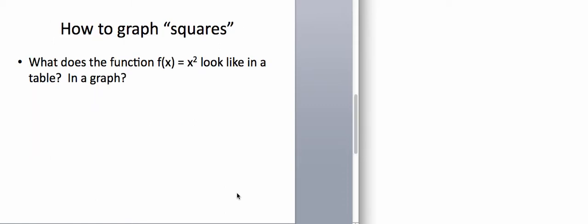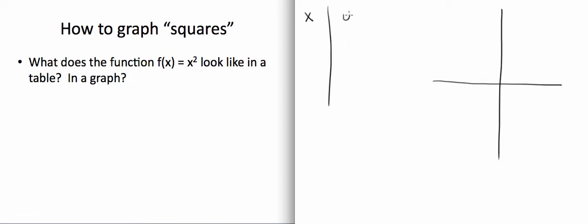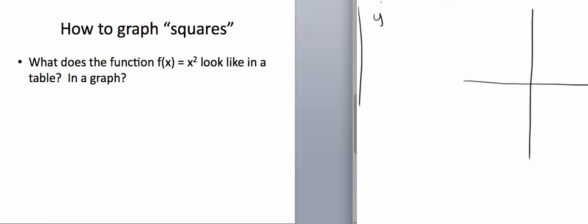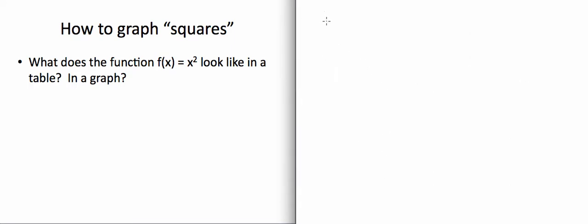So basically what we're talking about here is an introduction to squares and how they'll look on graphs. We're going to talk about making a table and graphing parabolas here.